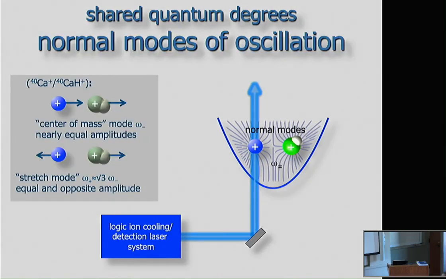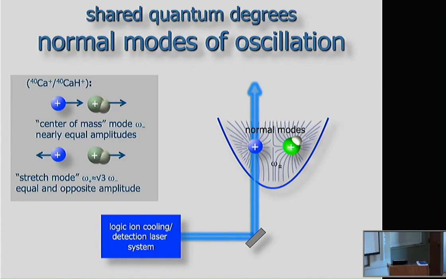A quick word about the normal modes. We use in our experiment calcium and calcium hydride, so the mass difference is very small, and that means that the normal modes look almost like you had two identical ions. So the center of mass mode, in quotes here, has nearly equal amplitude, and is very close to what the single particle oscillation frequency in that potential would be.